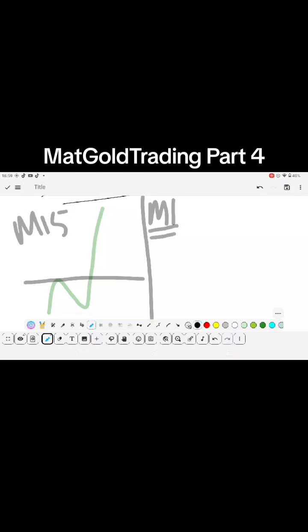This is how it's gonna look. It's not written in stone, but it's gonna be something similar. I'm gonna extend this bridge line here. It's gonna look something like this on the 1 minute time frame.